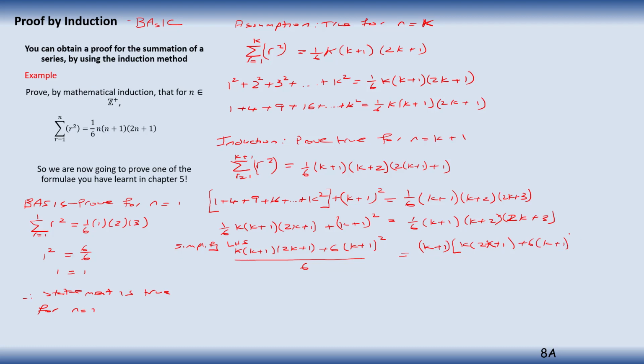And close my square brackets, that's divided by 6. That's equal to k plus 1, which is part of the original. And in the square brackets then, I have 2k squared plus k plus 6k plus 6, all divided by 6.